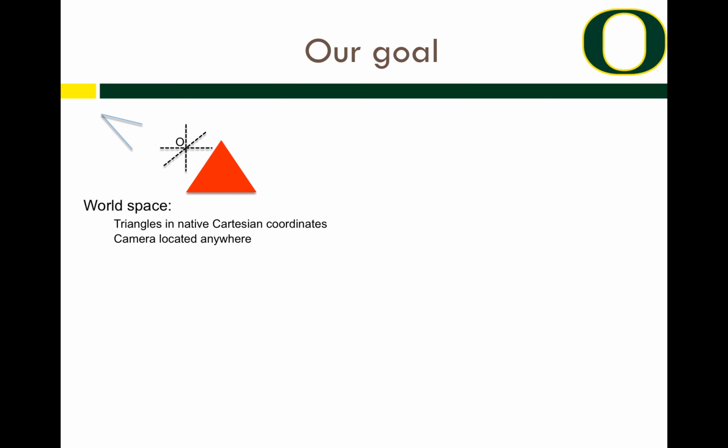So all of our models have 3 vertices with 3 x, y, z components, which are all relative to some origin. Our goal is to get to the space that you've been rendering in, where your triangles overlap with the pixels. We're going to have to go through some intermediate spaces to get there.